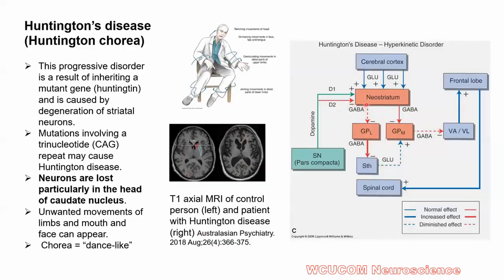So the indirect pathway is deficient here, stemming from the loss of the D2 receptor-bearing striatal neurons, causing an abnormal activation of cortex via thalamus. Once again, Huntington's disease, a prototypical form of a hyperkinetic disorder.